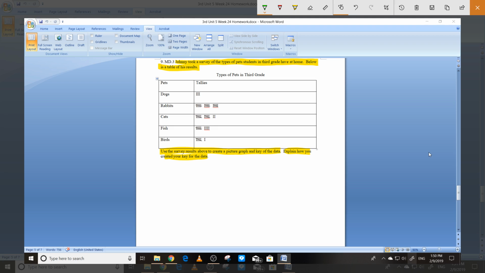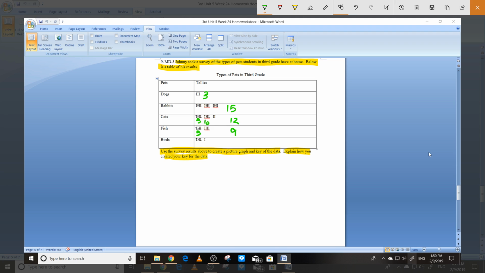So we first need to figure out how many people liked each pet. For dog, that's 3. You can just see 1, 2, 3. For rabbits, 15, because each one of those sets represents 5. For cats, we have 5, 10, 11, and 12. For fish, we have 5, 6, 7, 8, 9.